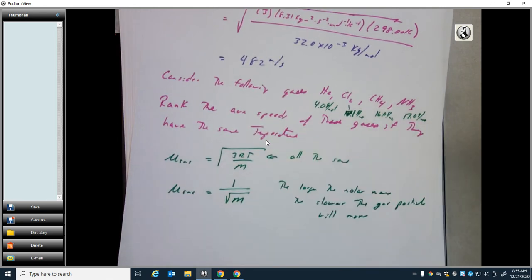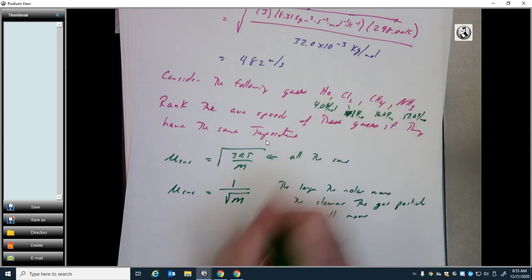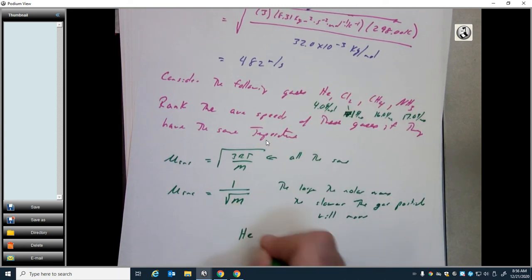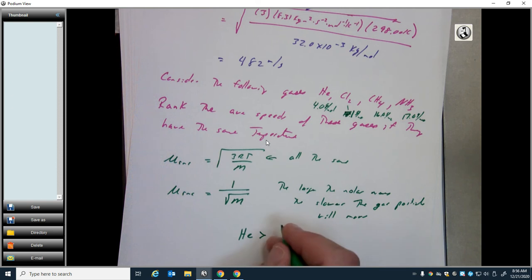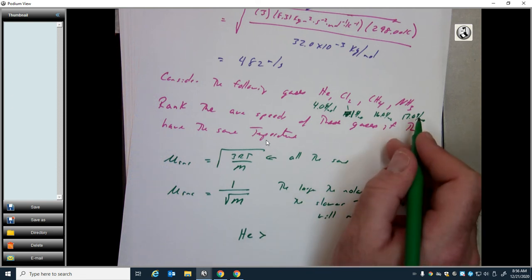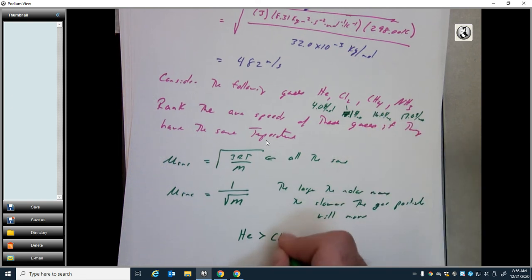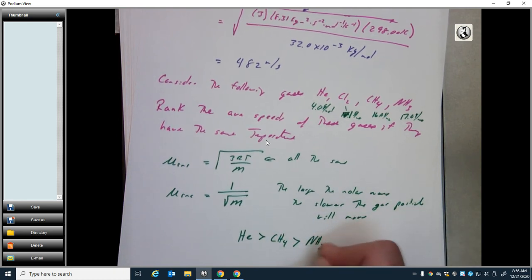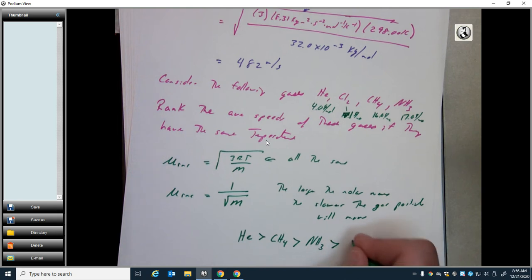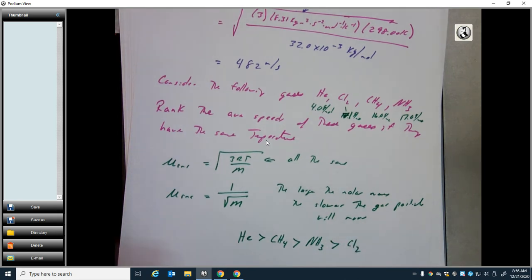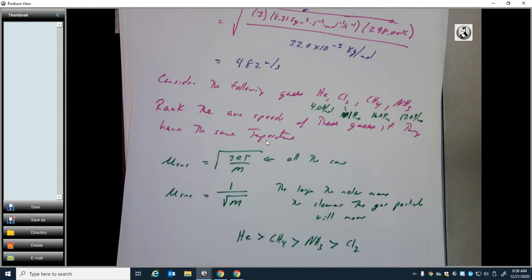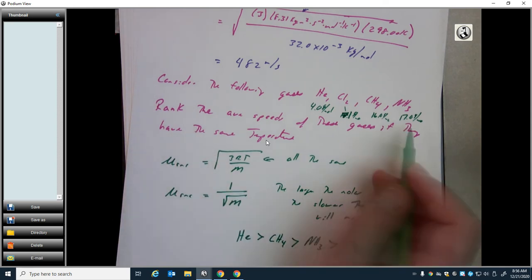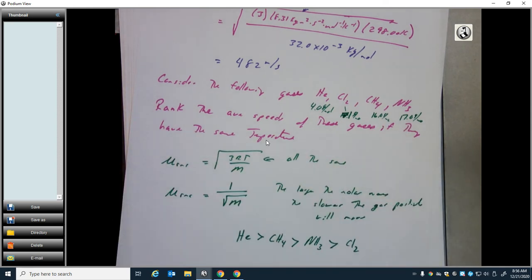Okay, so now that I have this, helium would be moving the fastest. And then our next one would be CH4, and then NH3, and then finally our chlorine. So we can rank them by using this quick little formula, but in reality, you don't even have to do that. If we're at the same temperature, we're just comparing their molar masses. Pretty easy.